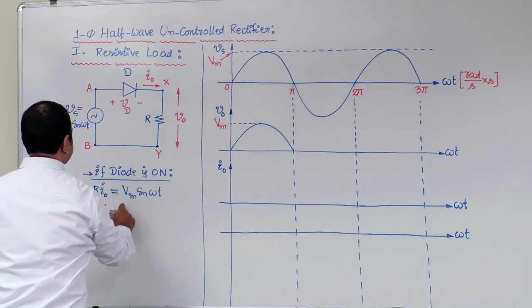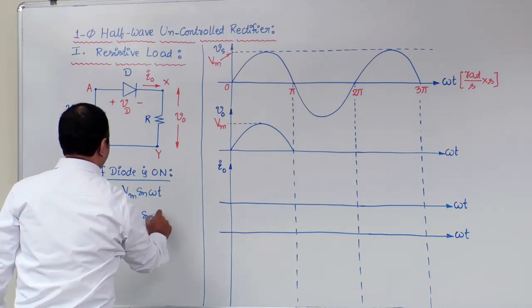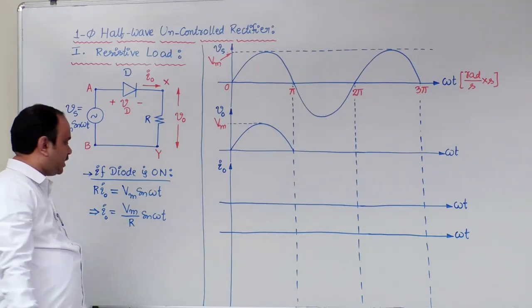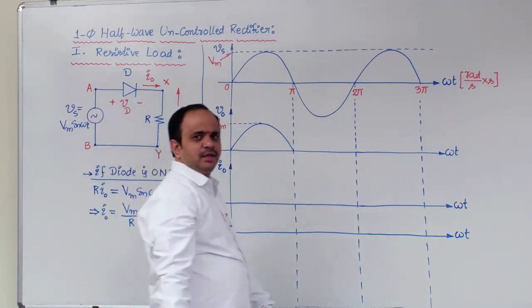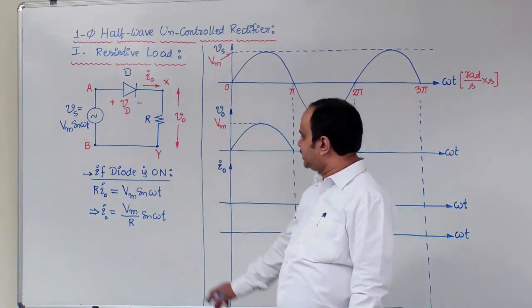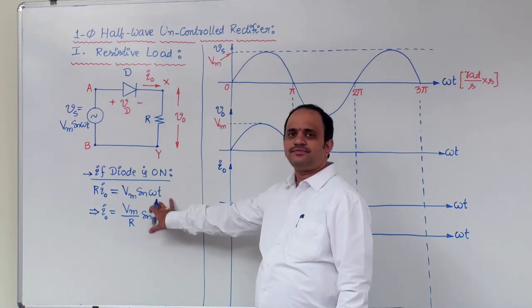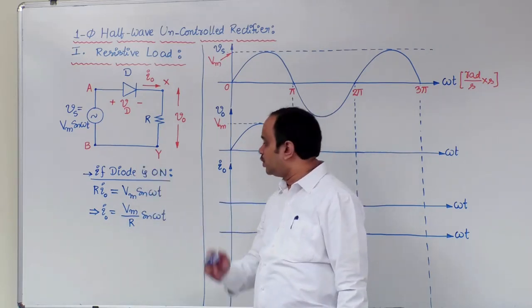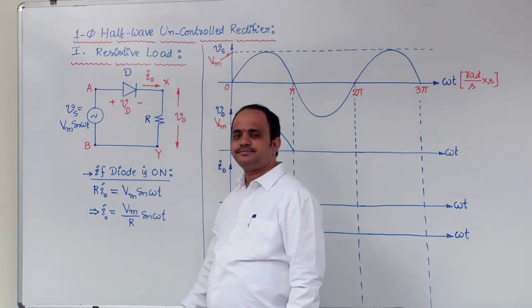Therefore, from this we can write I0 is equal to Vm by R sin omega t. Now observe carefully. The equation for I0 in this particular resistive load is exactly the same as that of source voltage Vm sin omega t. The only difference is this particular magnitude Vm by R.